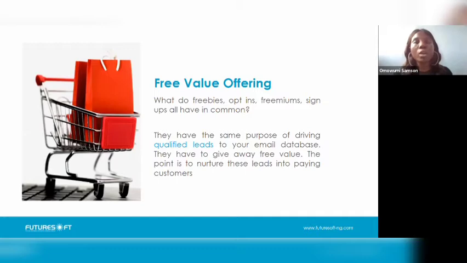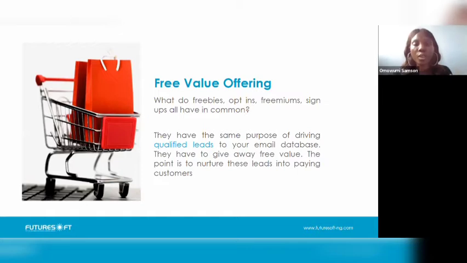And the point is to drive qualified leads to your email database. So quality over quantity at all times. This will help you boost your ROI because you don't just want to market to everybody. You want to market to people who will eventually buy from you.